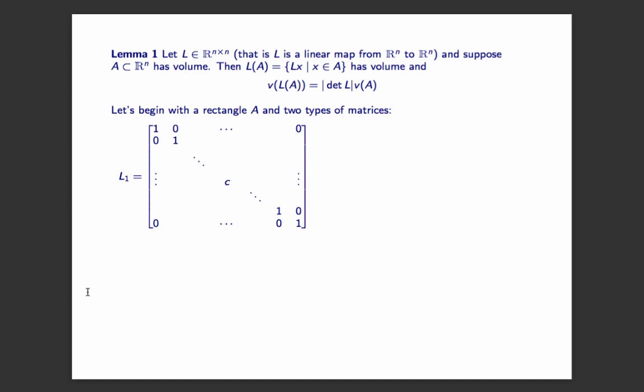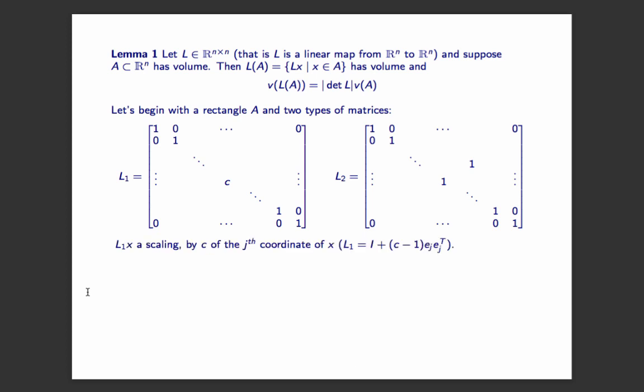Well, let's begin with the rectangle A and two types of matrices. So L1 is going to look like the identity, except one of the diagonal entries got swapped from 1 to c. And L2 is the identity with the addition of a 1 on some non-diagonal entry.